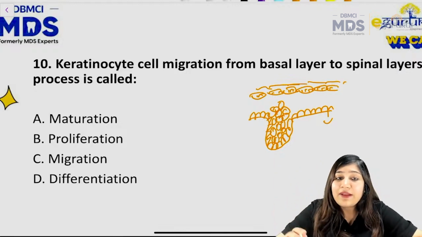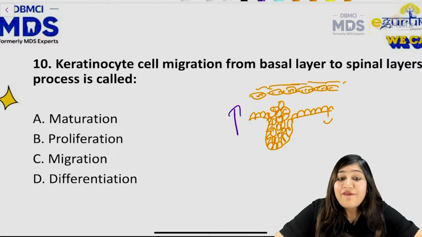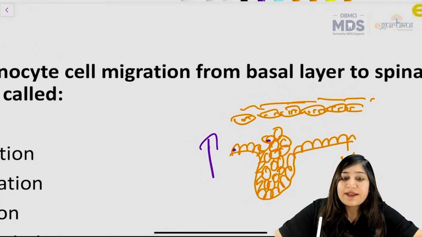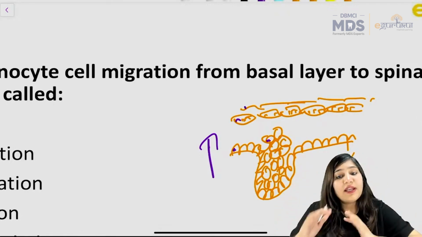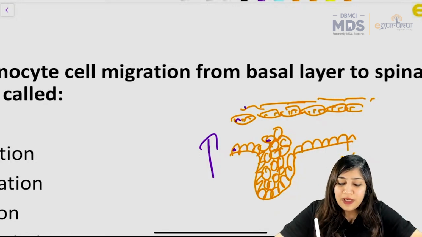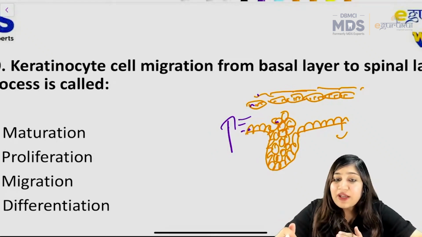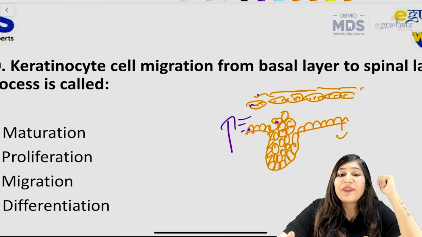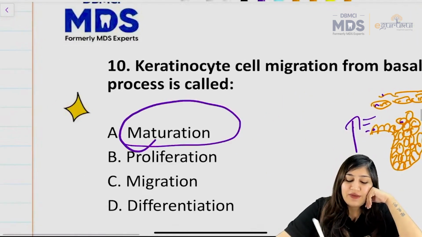The cell will migrate from the basal layer, being a part of every cell layer, being a part of basal layer, being a part of spinous cell layer, being a part of granulosum, and being a part of corneum, after which it sheds off. So it becomes a part of every cell layer. So this migration of the cell from the basal layer to the superficial cell layer is known as maturation.